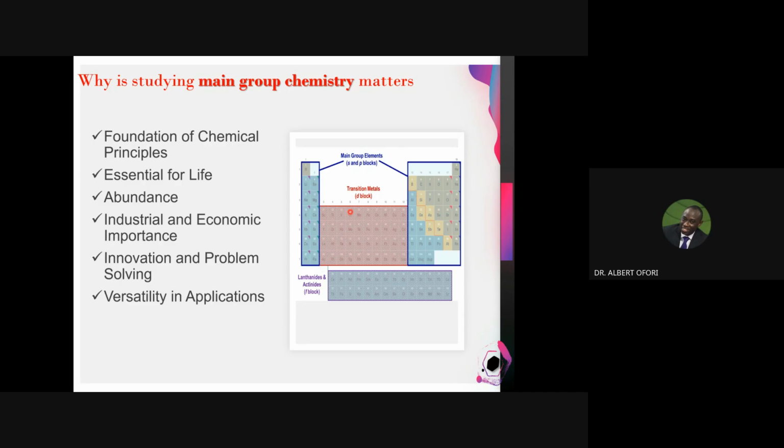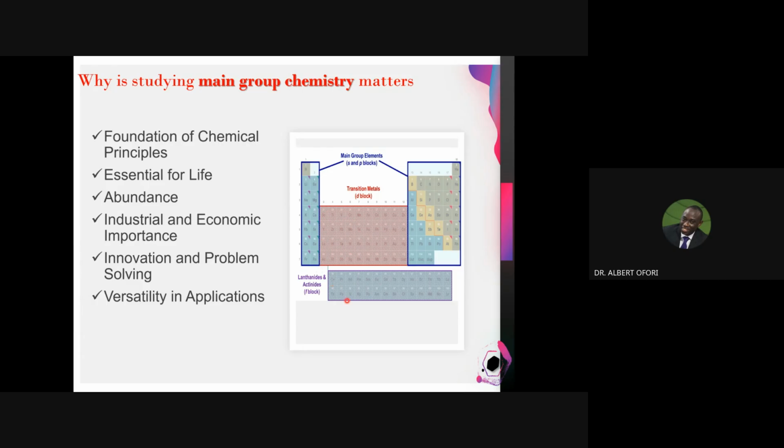Now, in between these two, the S and then the P, are some elements that are transitioning between the two. So these elements behave like the S block, behave like the P block. So they are transitioning elements. And in that transition are those elements that deviate from the transition elements, so we call them the lanthanides, then the actinides.